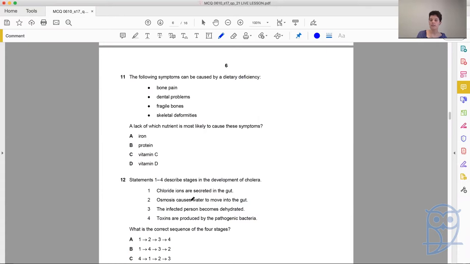Iron, protein, vitamin C, or vitamin D. Remember, the calcium and your vitamin D are the ones who are very closely linked. Calcium contributes to bone structure. It is vitamin D. A lack in vitamin D can cause bone pain, dental problems, fragile bones, and skeletal deformities.